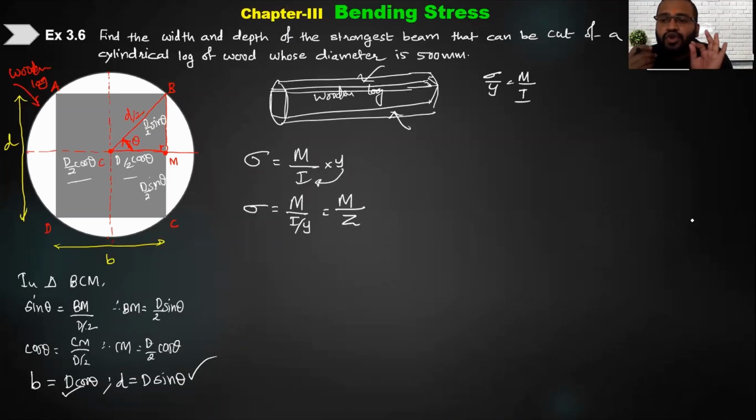So to have the strongest beam, I need to maximize Z, that is the section modulus. Let me write down that comment over here.